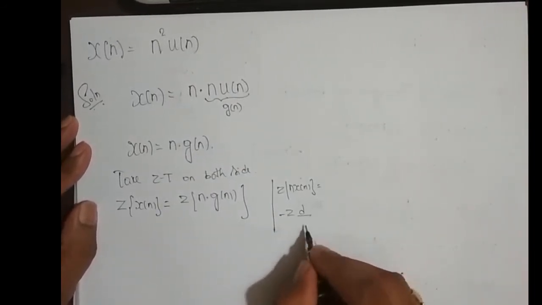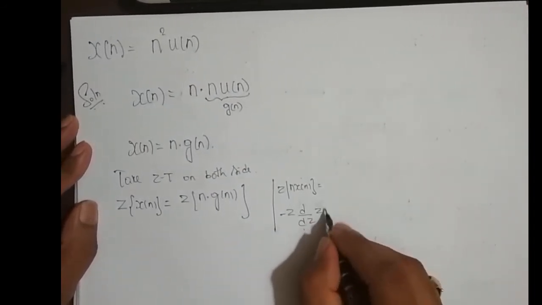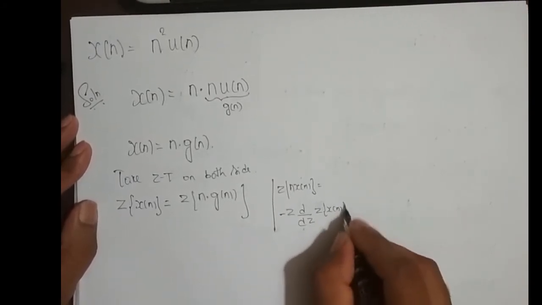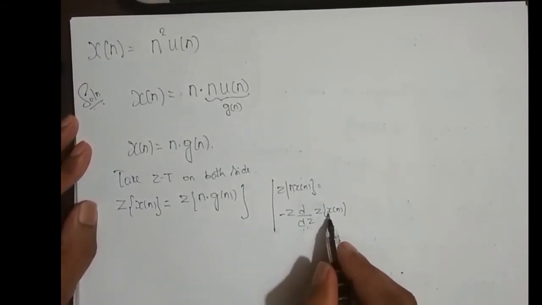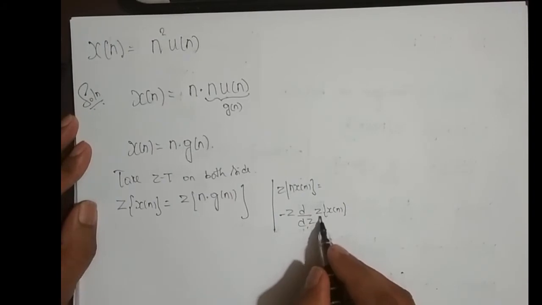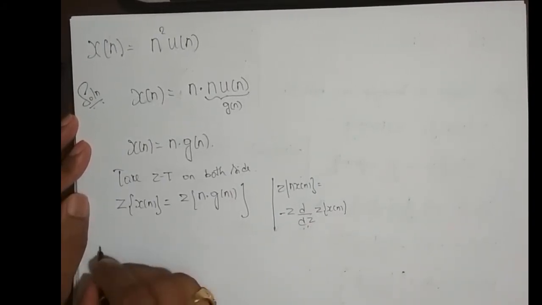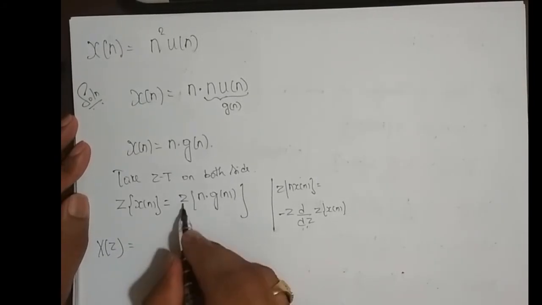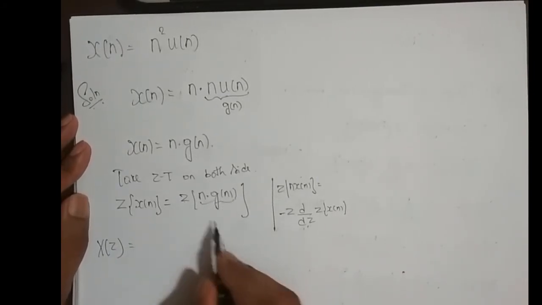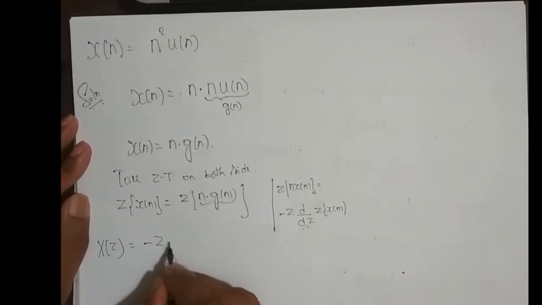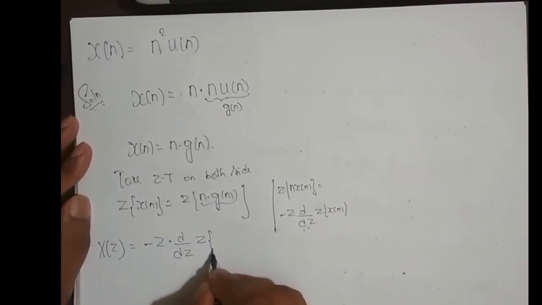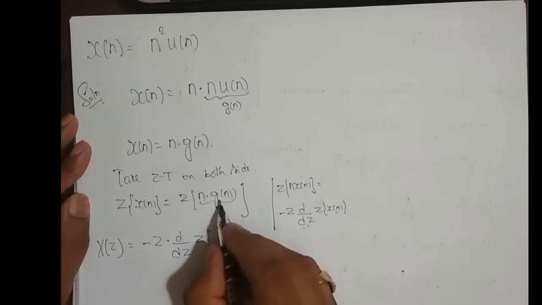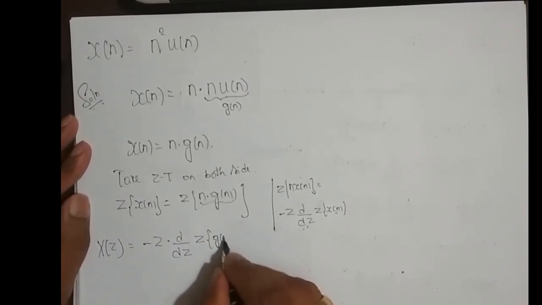So it is minus z times d by dz of the Z transform of g of n. So instead of writing X of z, I'll write the Z transform of x of n. What is the Z transform of x of n? It is X of z, which is equal to minus z times d by dz of the Z transform of g of n, and what is x of n? x of n is g of n.